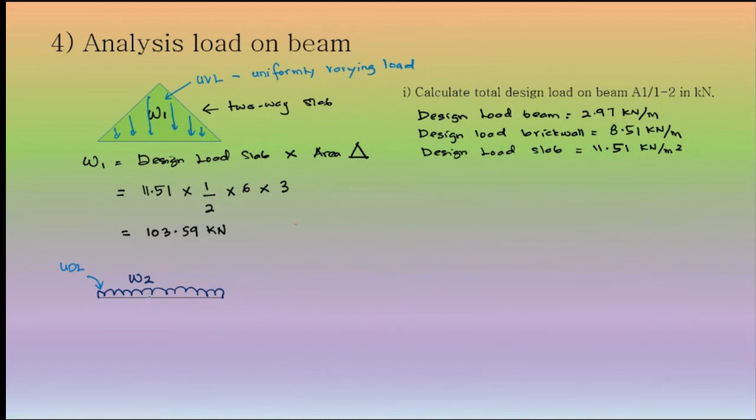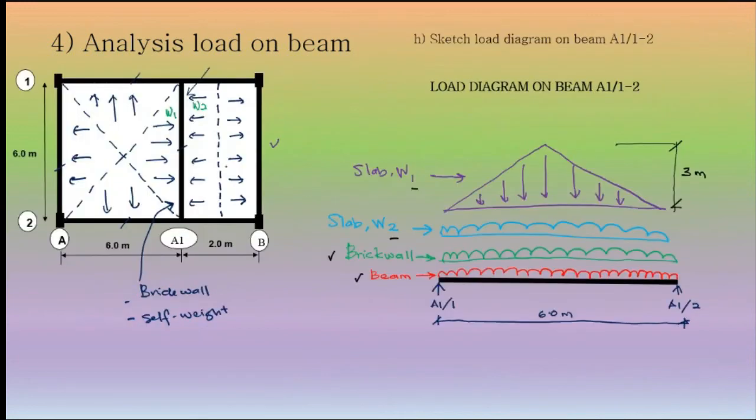Design load of W2. Okay, W2 in UDL. So how to get the value of W2? So W2 is equal to design load times with LX over 2. Because of what? We divide LX side into 2 parts, right? Okay.